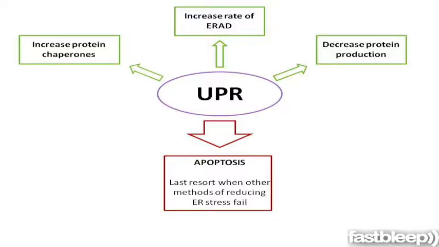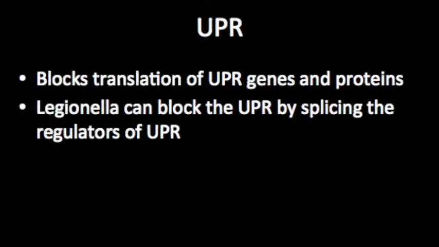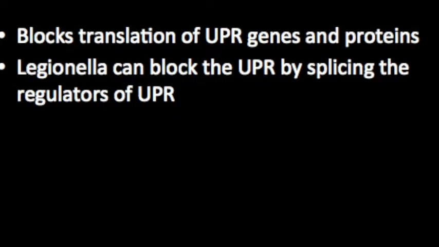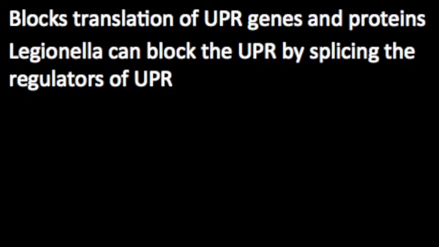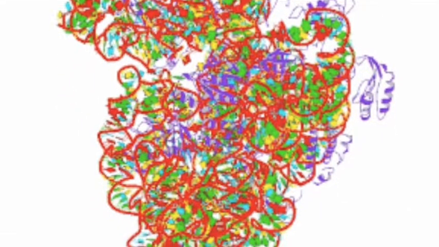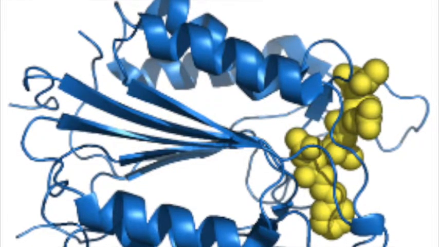Legionella is also able to suppress UPR, or unfolded protein response, blocking the translation of UPR genes and proteins. It is able to block UPR in multiple ways, one being the splicing of regulators of UPR. RPSL protein is responsible for the induction of host cell death through the activation of caspase-3.